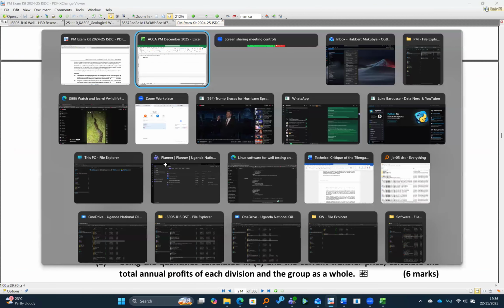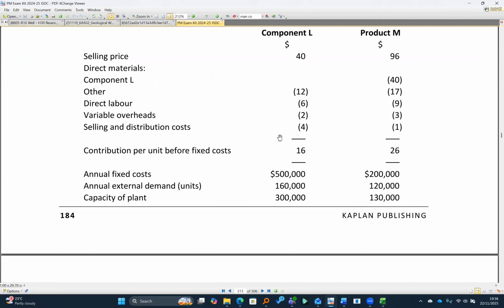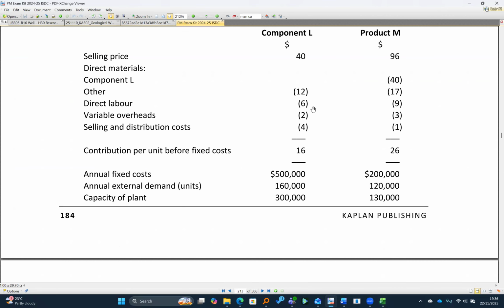So that is going to be a saving, but the group will not make the product. So the group will save, as we said, 16 plus 12 plus 6 plus 2.